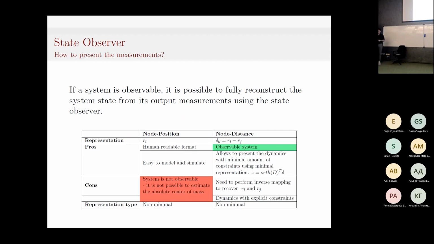It also gives us the possibility to obtain a minimal representation for our system using orthogonality principles. Of course, it has some cons. We need to perform an inverse mapping to recover node positions, and our dynamics will be with explicit constraints.